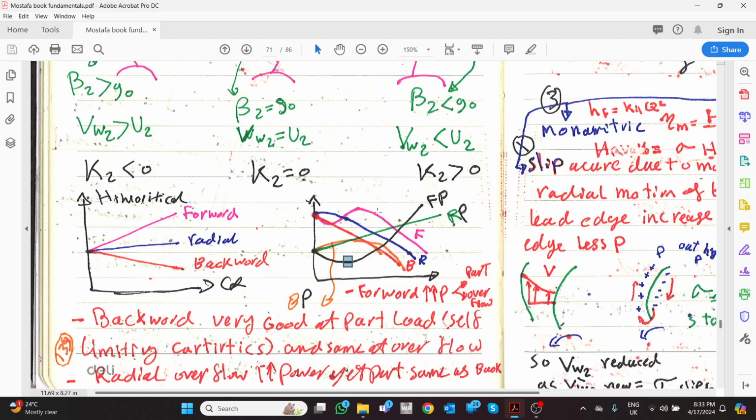is, which is this one, you cannot select here, because if you have a certain flow, a system curve like this, so you have a certain flow, so you have a certain head. But remember that you were running at a load and you're going to go to part load.